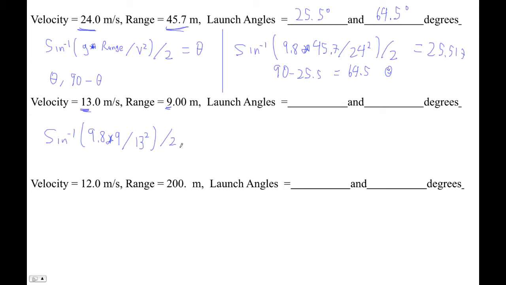Okay, so here we go. Second sine of 9.8 times 9 divided by 13 squared, and then right parenthesis, divided by 2. I get 15.7 degrees, so that equals 15.729 or something like that.